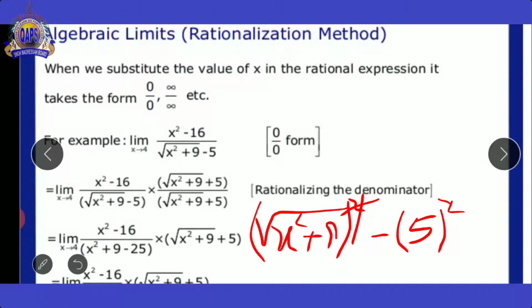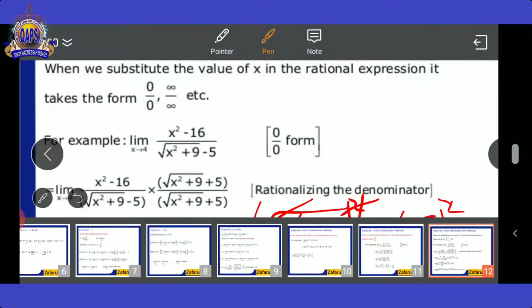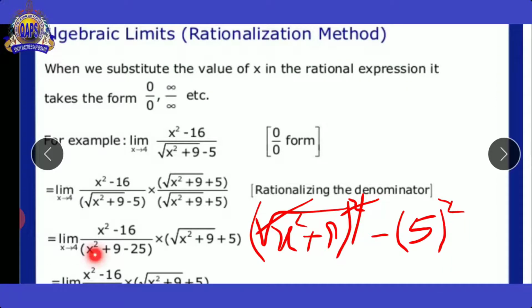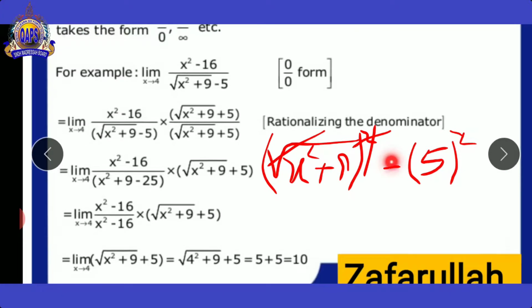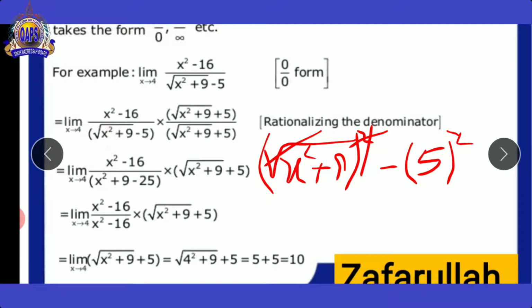Okay, so the square and radical will become cancelled here, and the square of 5 will become 25. Same here, x square plus 9 is created. When we multiply both brackets, the formula is the difference of two squares, and this radical and this square will be cancelled.